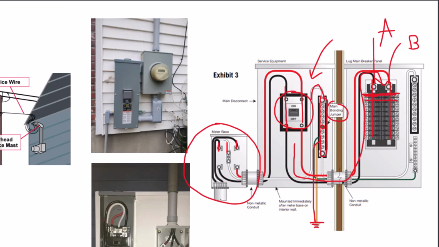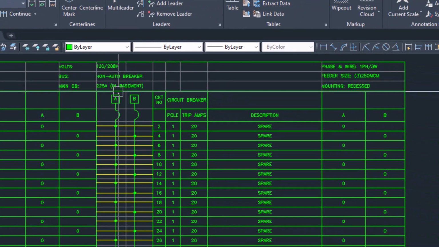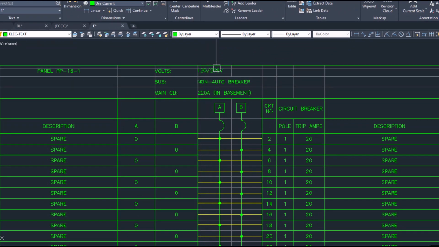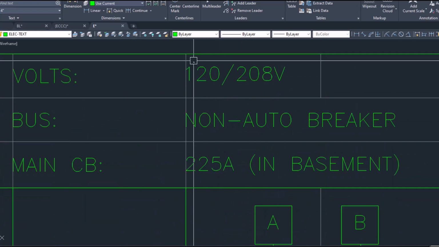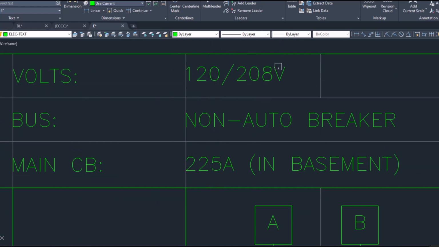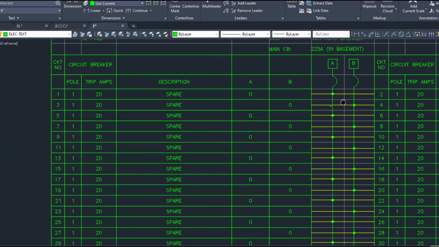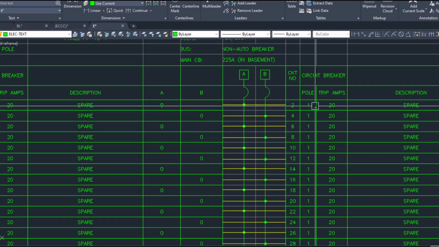So if you look at a schedule, a panel schedule, such as this would be representative of a 120/208 volt single phase, where you have the two phases here, and then one phase to the neutral would make the 120 volt portion of this type of service. And you could see the first row is connected to phase A, including this side as well.